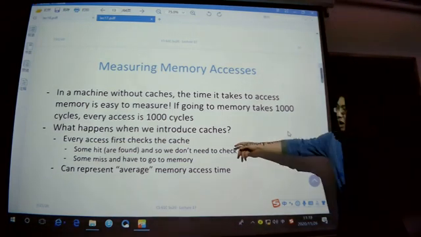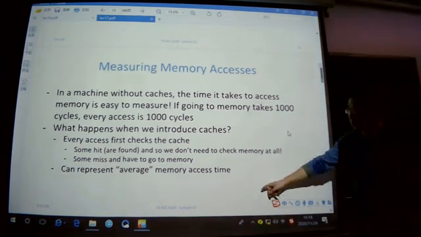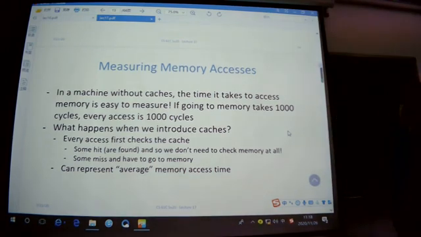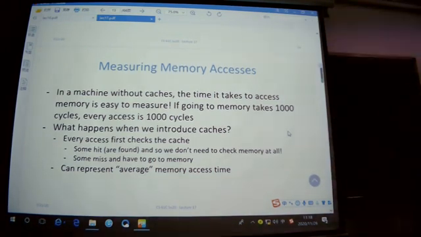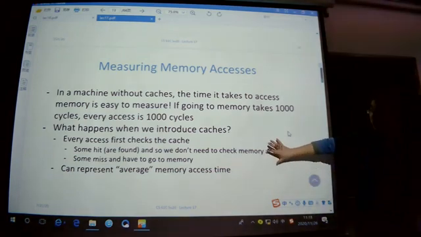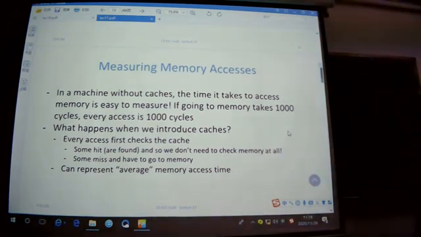Every access first checks the cache, so we can represent average memory access time. Some accesses are hits, so we don't need to check memory at all. Some are misses and we have to go to memory to find our data.